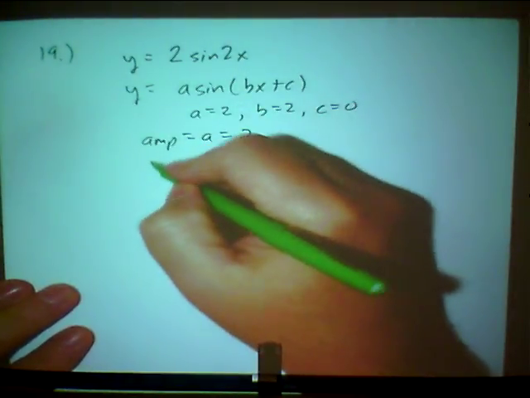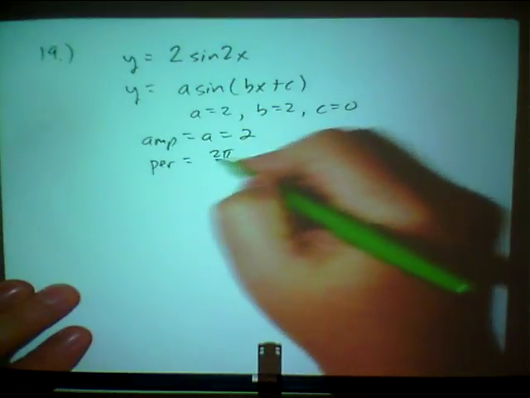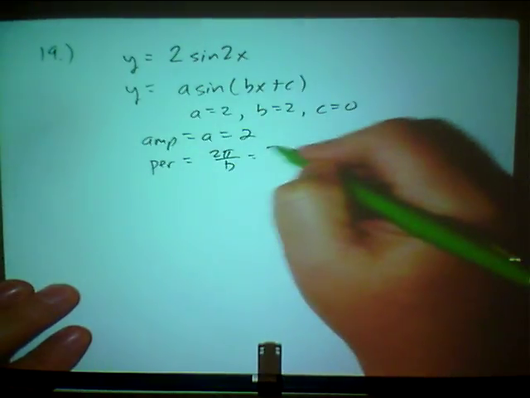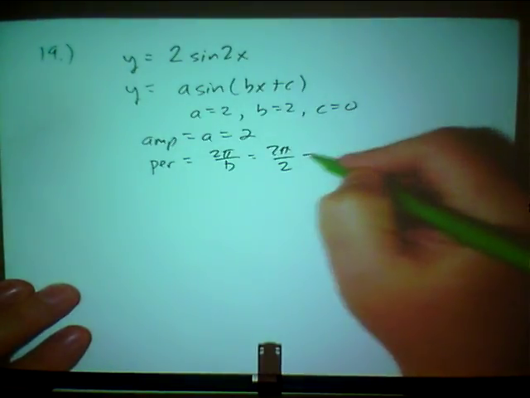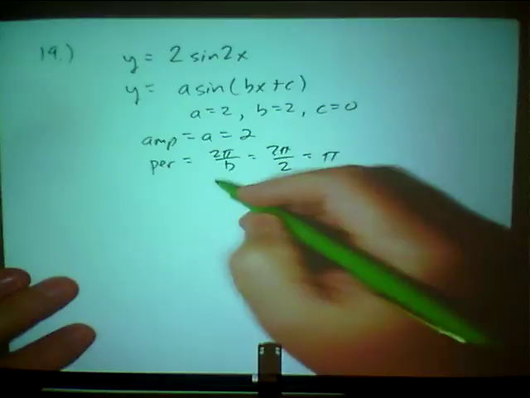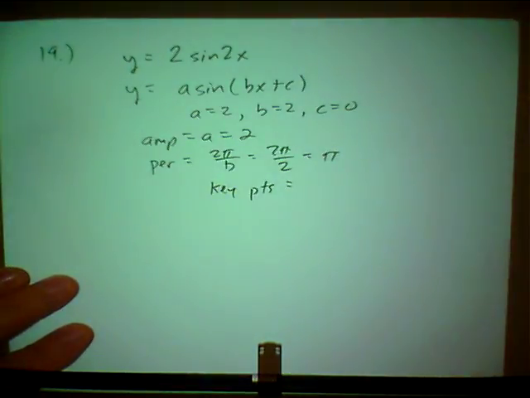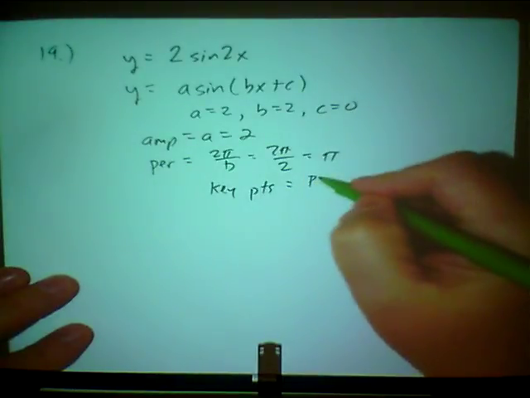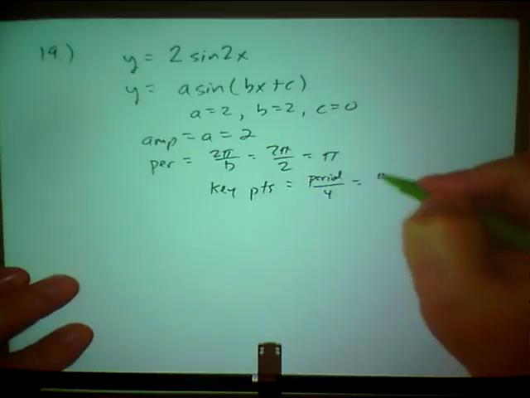The period is 2 pi over b. Since b is 2, it's 2 pi over 2. The period is going to be pi. And at this point, I'm going to go ahead and figure out my key points. The key points, as always, you take the period divided by 4.